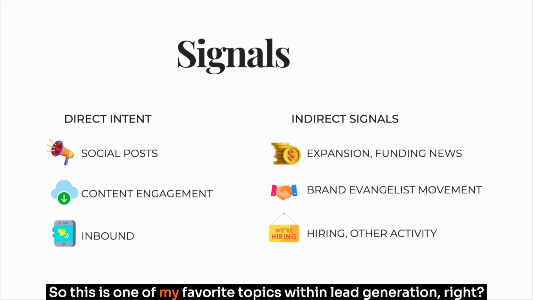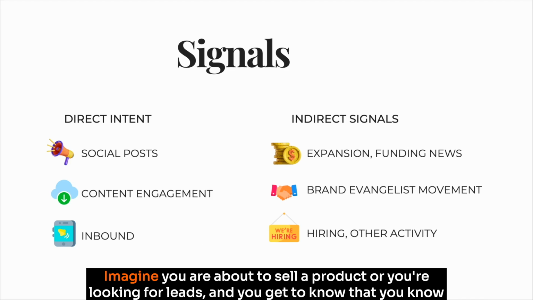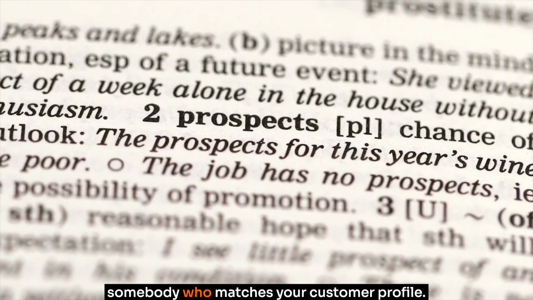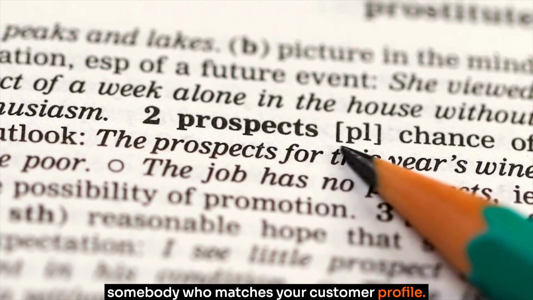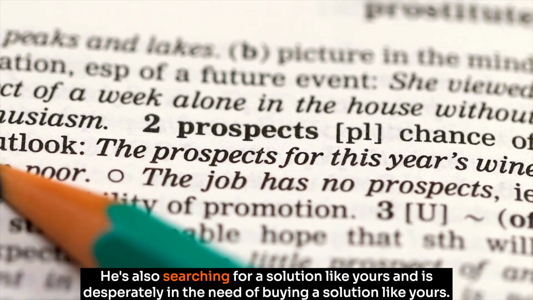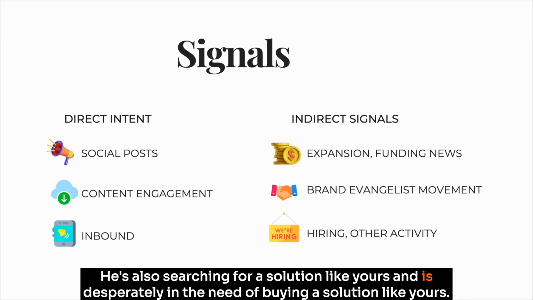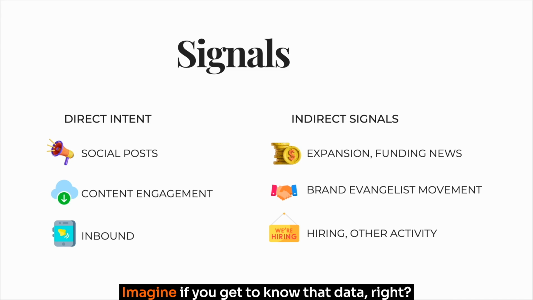So this is one of my favorite topics within lead generation, right? Imagine you're about to sell a product or you're looking for leads and you get to know that somebody who matches your customer profile is also searching for a solution like yours and is desperately in need of buying a solution like yours. Imagine if you get to know that data, right?